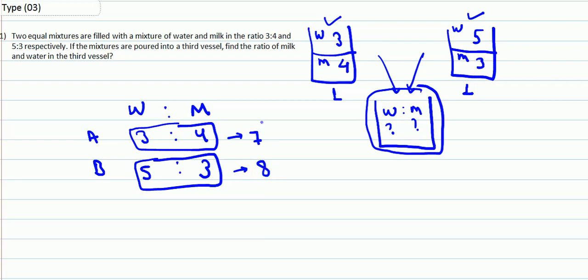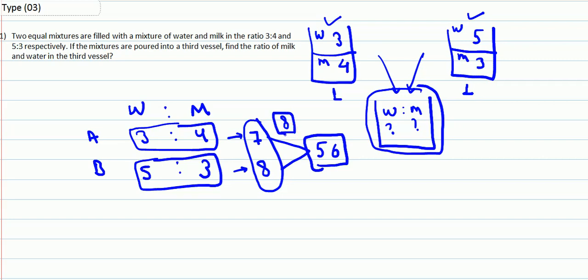Now we are going to find out the LCM of these two numbers, which is of course 56. Now we are going to look for the number with which we should multiply 7 in order to get 56, and that is 8. And similarly for this case, here it will be 7.